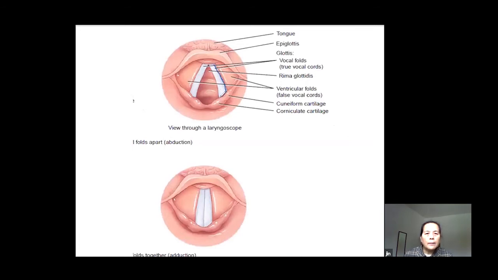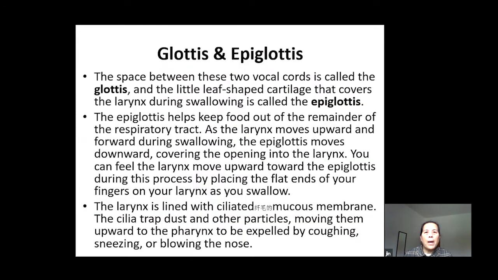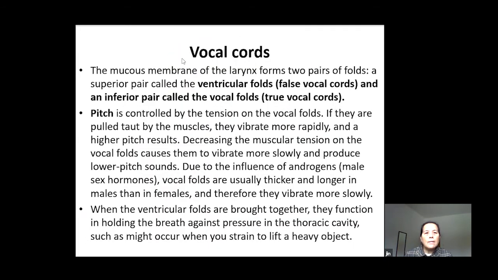Basically, this part we call the true vocal cord, on both sides, and beside it is the false vocal cord. The voice is mainly made in the true vocal cord part, but they need to help each other. So we make the voice with the vocal cords, and with different shapes in there, the sounds will be different. Thus we talk about the pitch here.